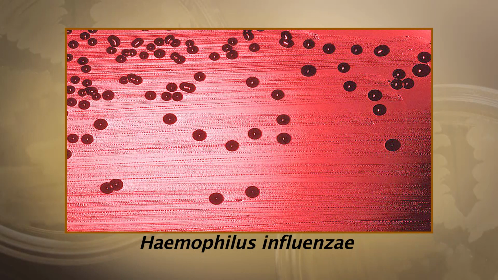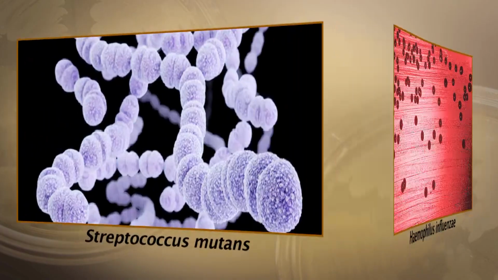Competence for transformation is typically induced by high cell density and/or nutritional limitation, conditions associated with the stationary phase of bacterial growth. Transformation in Haemophilus influenzae occurs most efficiently at the end of exponential growth as bacterial growth approaches stationary phase.